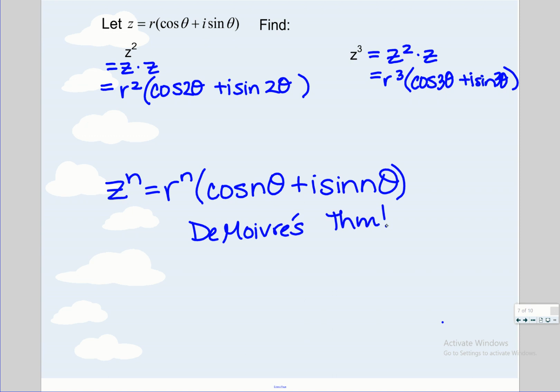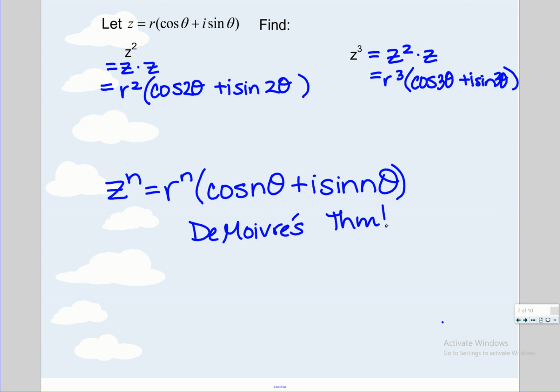Okay, so that's what we use this for. If I say find z to the 110th power, that's not hard, because as long as I can find r and theta, I can take it to the 110th power. But if I gave you a rectangular form complex number, like -3 plus 4i, and take that to the 110th power, that's a problem, because that is foiling 110 times.